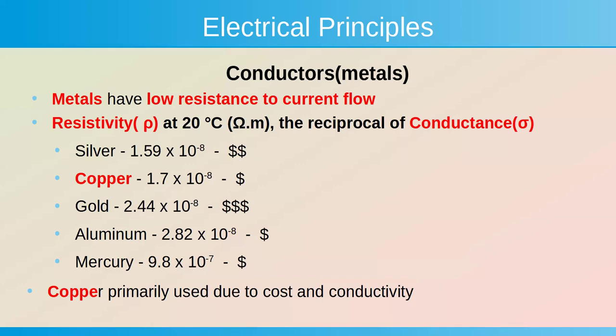And this is just showing the relative amounts of resistivity for silver, copper, gold, aluminum, mercury. And you notice that there isn't a lot of difference between silver and copper, which is why we tend to use copper, and it's a whole lot cheaper. You would think gold is much better than it is. We use gold a lot to plate the surface of conductors and things like that because it doesn't oxidize, it doesn't tarnish.